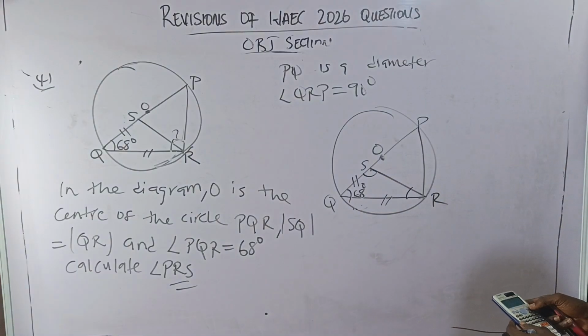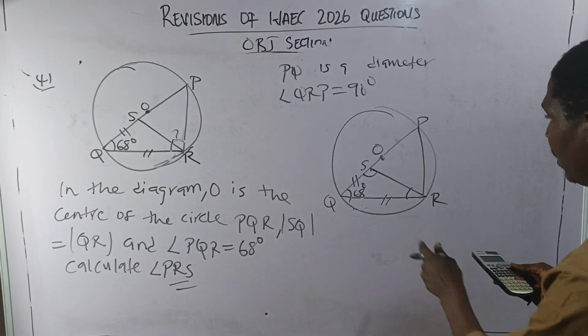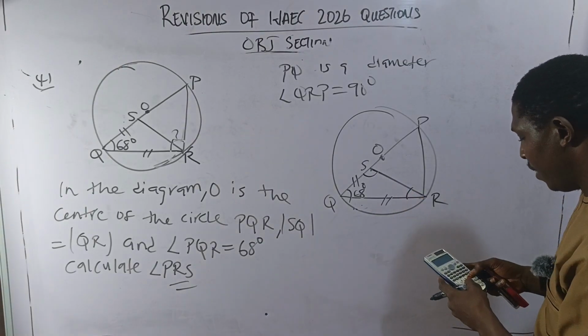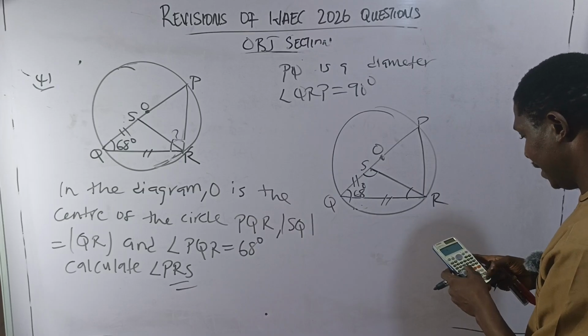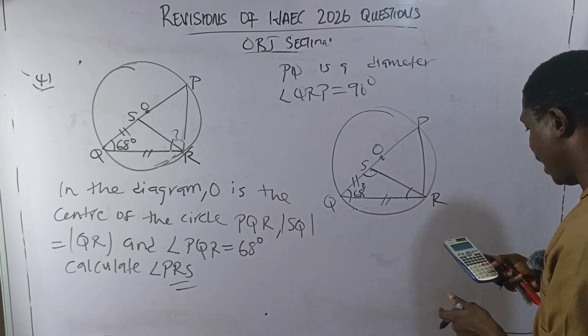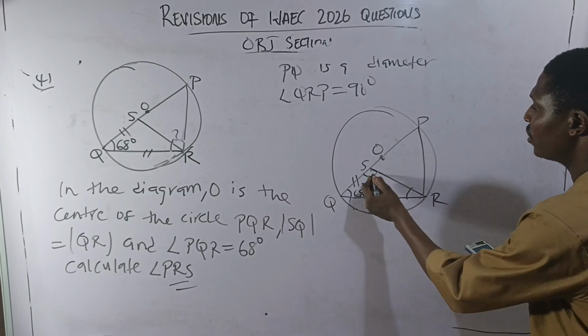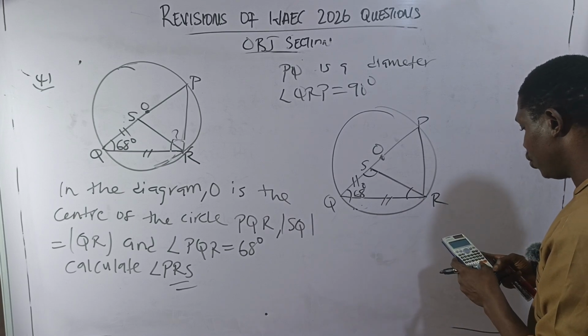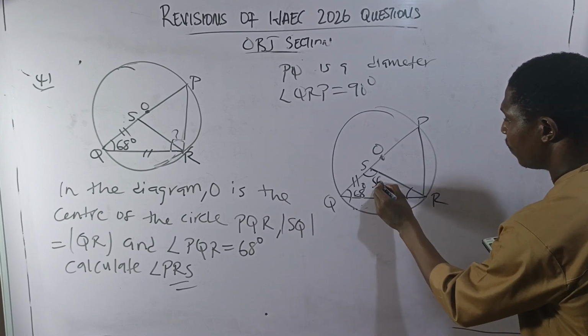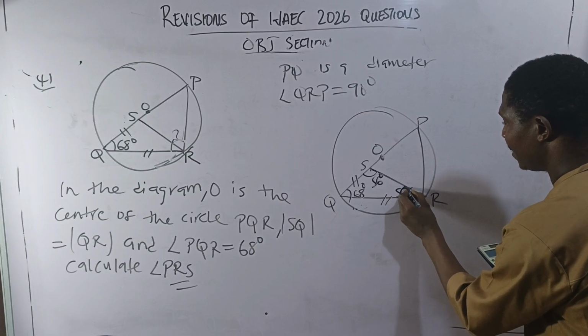Base angles of an isosceles triangle. Now these two angles add up to 180 degrees minus 68, which is the sum of angles in a triangle, which gives me 112. So both are going to share 112 degrees equally. So I'll divide by 2 to give me here to be what? 56 degrees, and here to be 56 degrees.